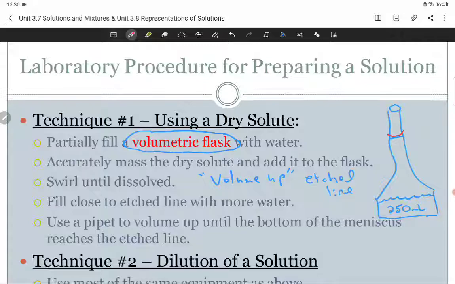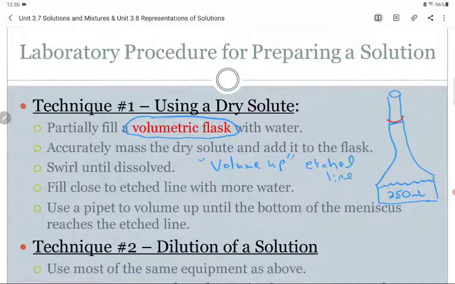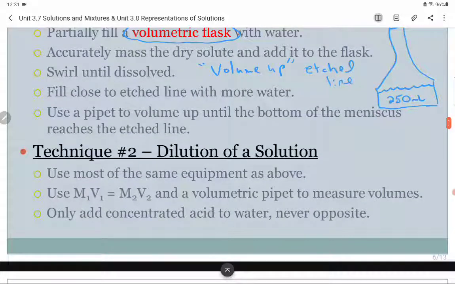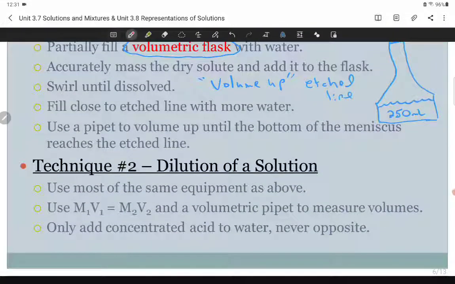Sometimes you might have a solution already and you have to make a dilution of that solution, just meaning that you're making it less concentrated. In that case, you can do factor label and that would work perfectly, but you can also use an M1, that's a molarity, a V1, that's a volume, equals a new molarity and a new volume. To measure liquids, you're going to have to use a volumetric pipette.